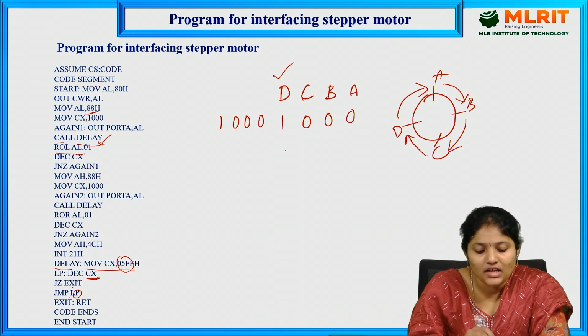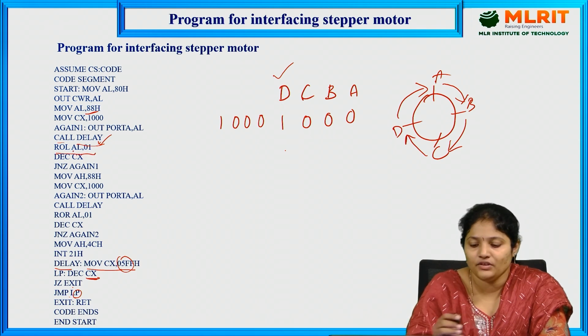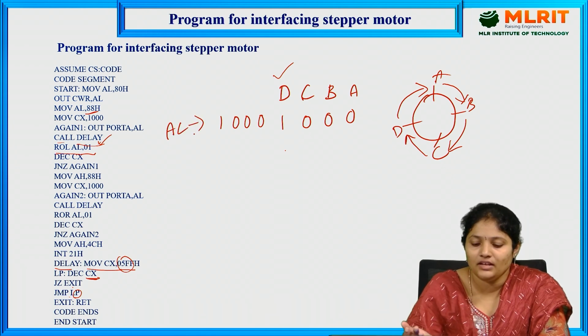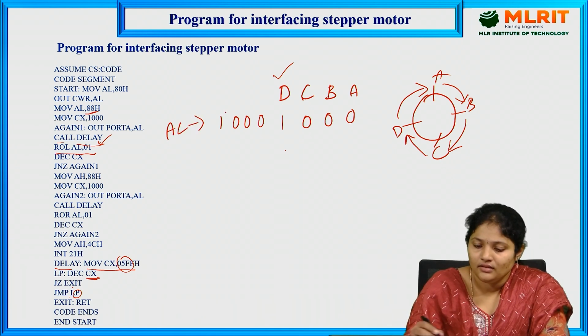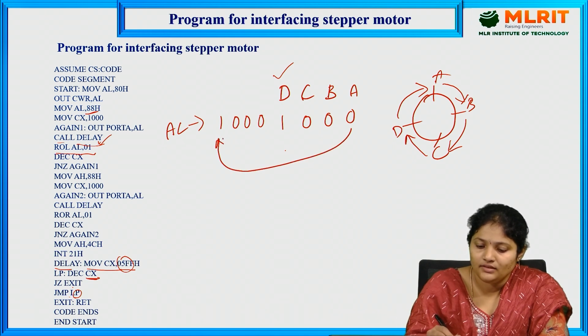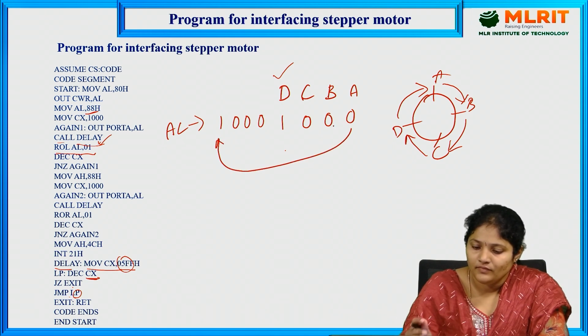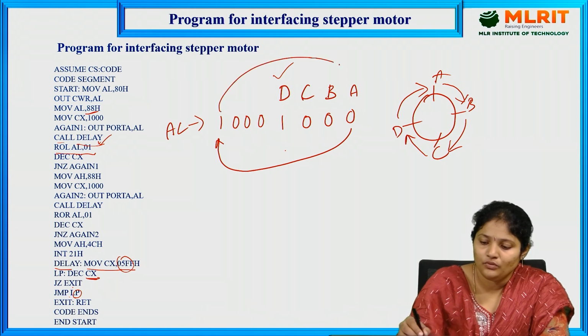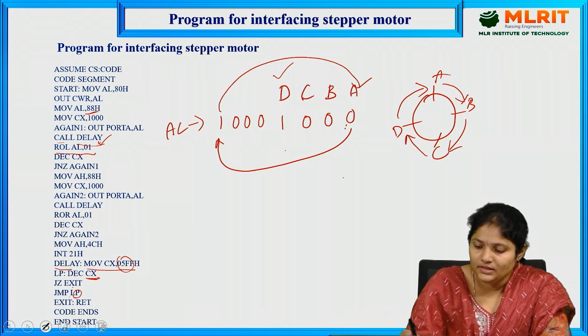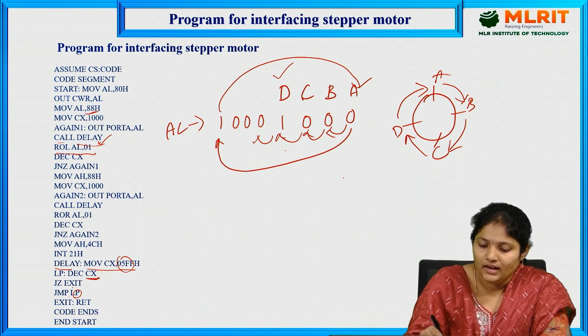Next one is ROL AL, 01. ROL means rotate left. So the AL register, port A, will be rotated to the left. This bit will move to here, this bit will move to here, and likewise everything will be moved.